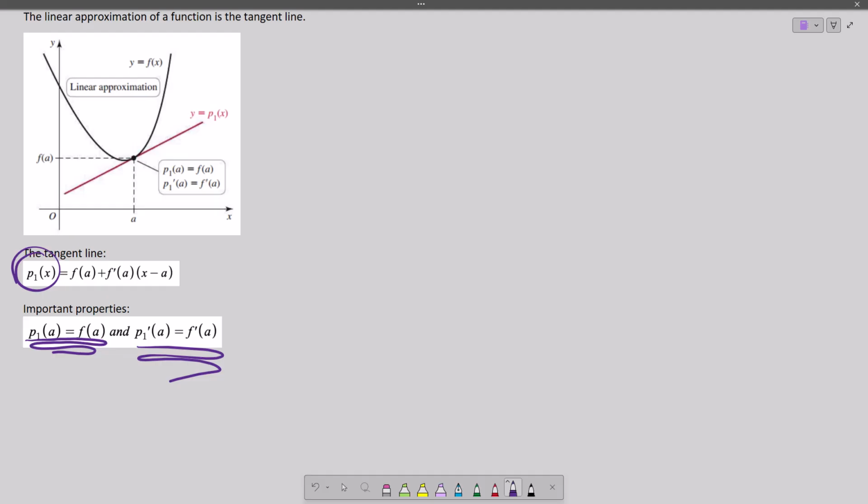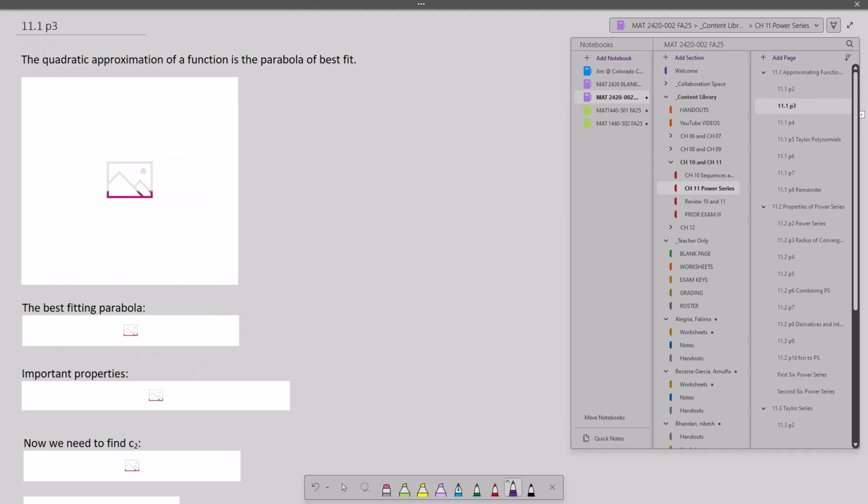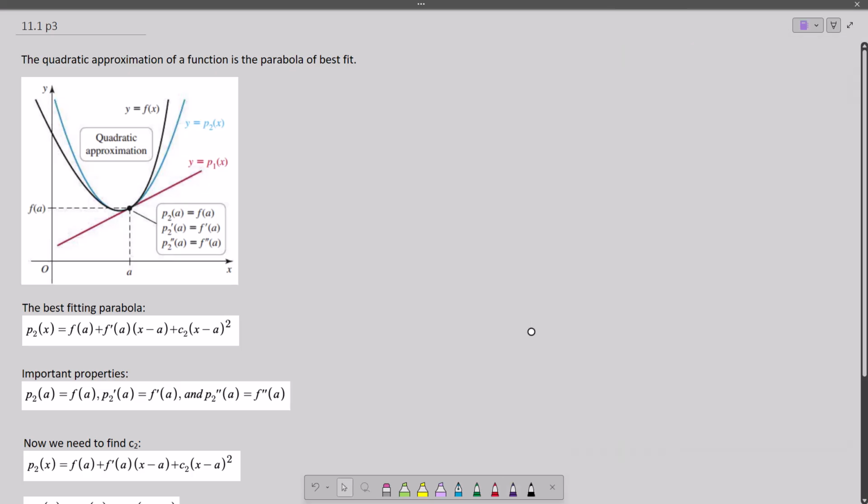You learned in Calc 1 that you can take a bazillion derivatives. These are going to lead to the subsequent terms in the power series. So, the best linear approximation just seems so basic. Now we're going to look at the best quadratic approximation. And you can just see already, the blue is the best quadratic approximation. You can see that it matches the function in a much wider interval. The tangent line is only a good approximation if you are very short-sighted.